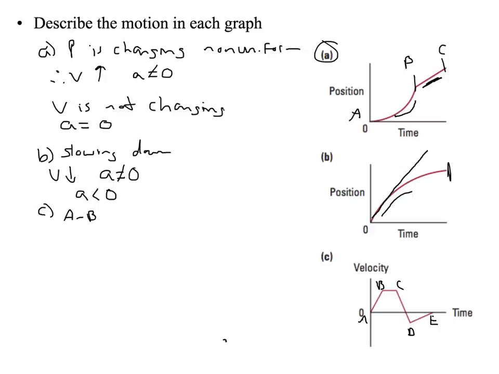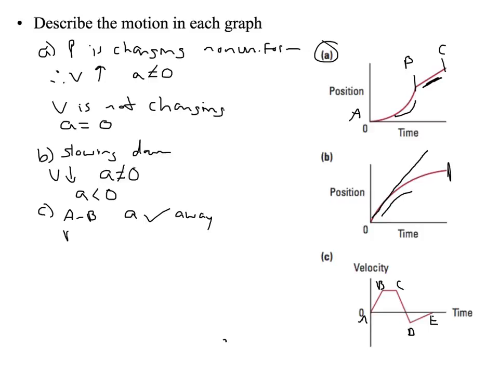We actually have an increase in velocity. So the acceleration is going to be the slope. So between A and B, we would say that there is acceleration. The car is accelerating away from the origin, away from the starting point.